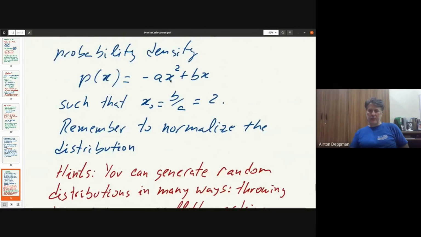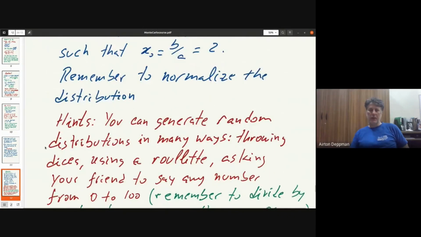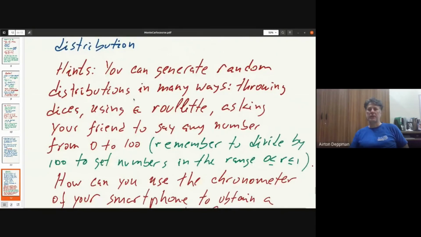Here we fix the parameters somehow and remember to normalize the distribution. Some hints on how to generate a random number. There are many ways. You can throw dice, use a roulette, or ask your friends to say numbers from 0 to 100, for instance. The range you choose here is related to delta p that we just discussed.